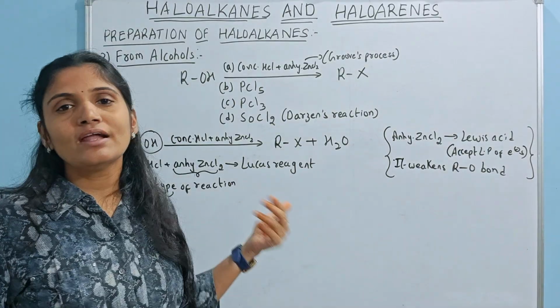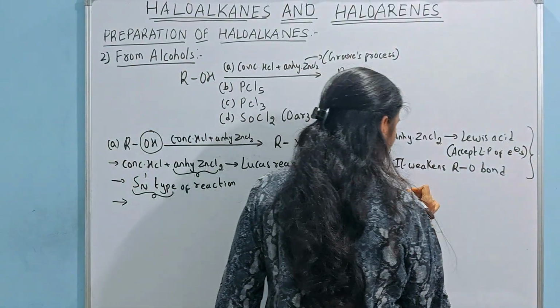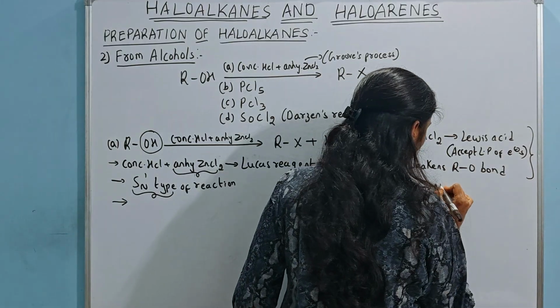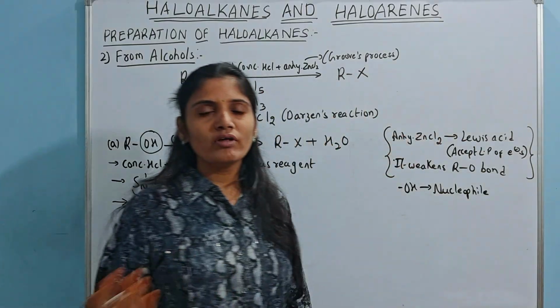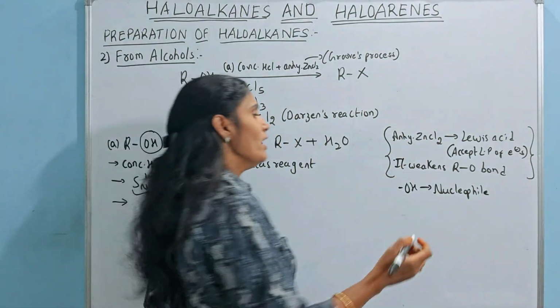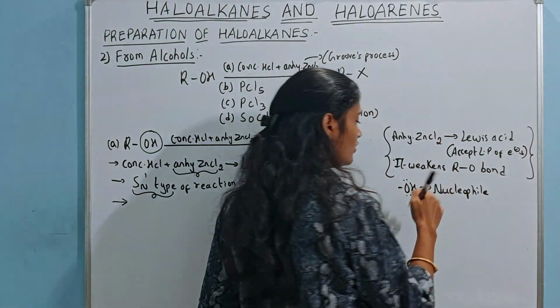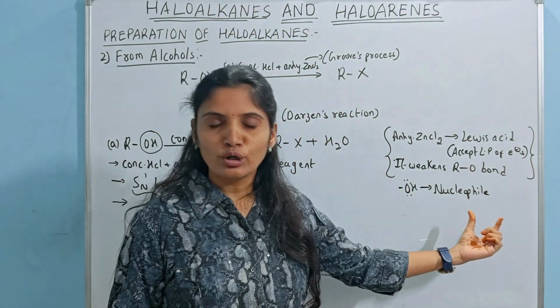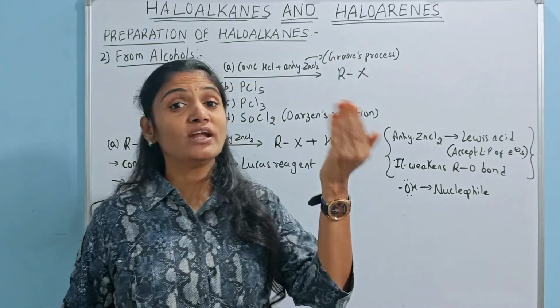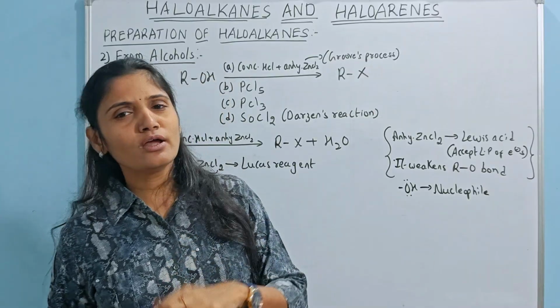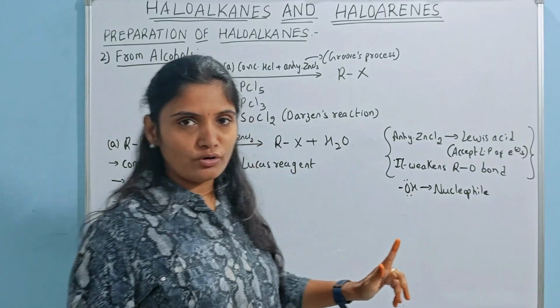Nucleophile is a nucleus-loving species. Clear? A nucleophile need not always be a negatively charged species. Any species which has a lone pair of electrons is also considered to be a nucleophile. A nucleophile can be a species which has a negative charge on it, or a species which has a lone pair of electrons on it.